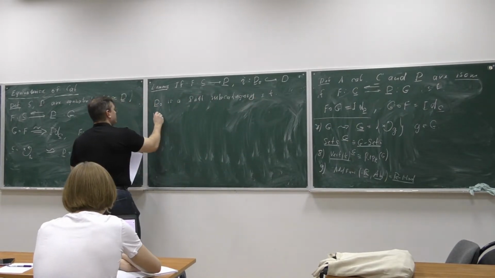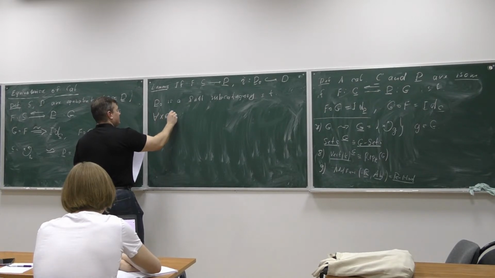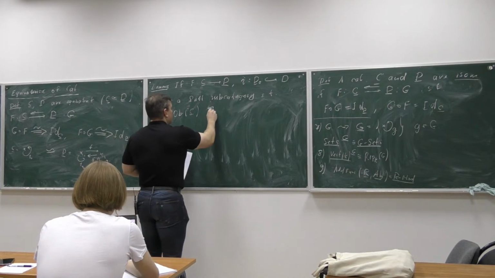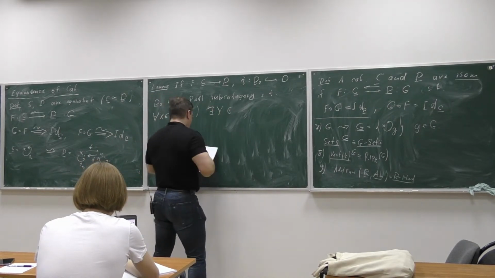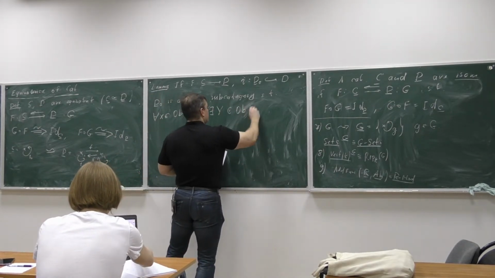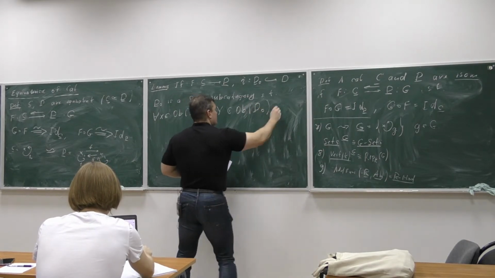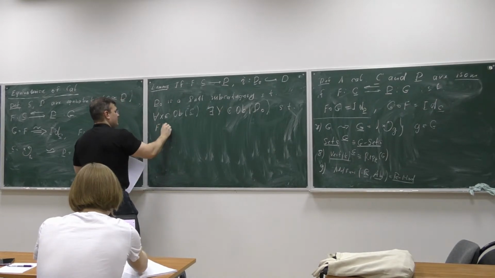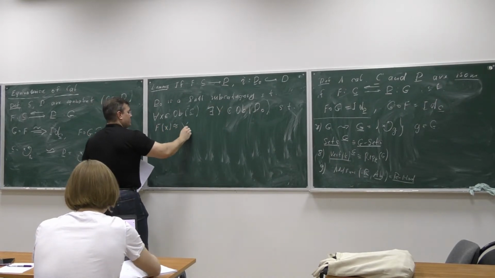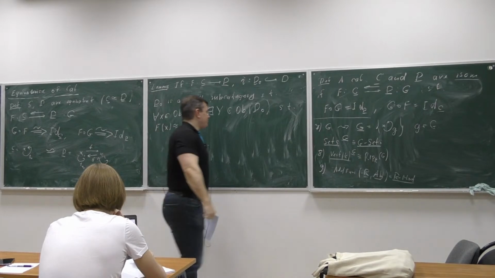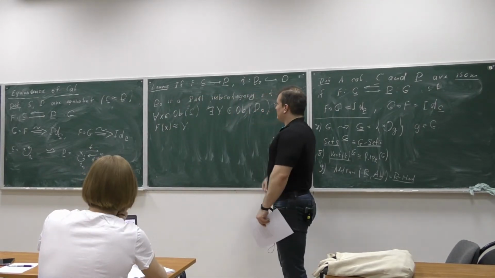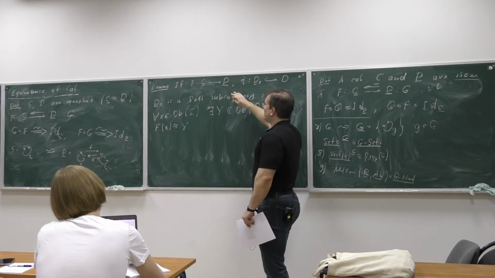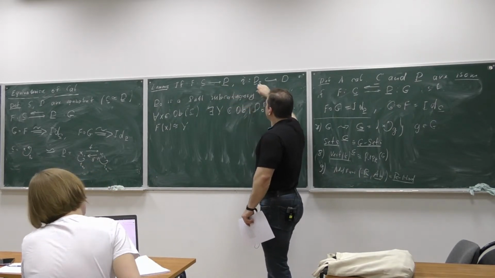For any object x in the category C, there is an object y in the category D naught such that f of x is isomorphic to the object y. So essentially this functor has the property that its image up to isomorphism is in D0.